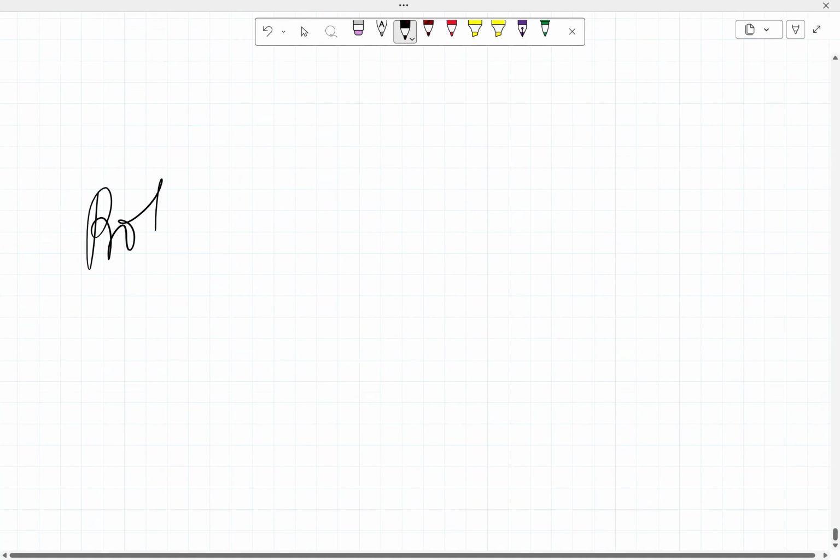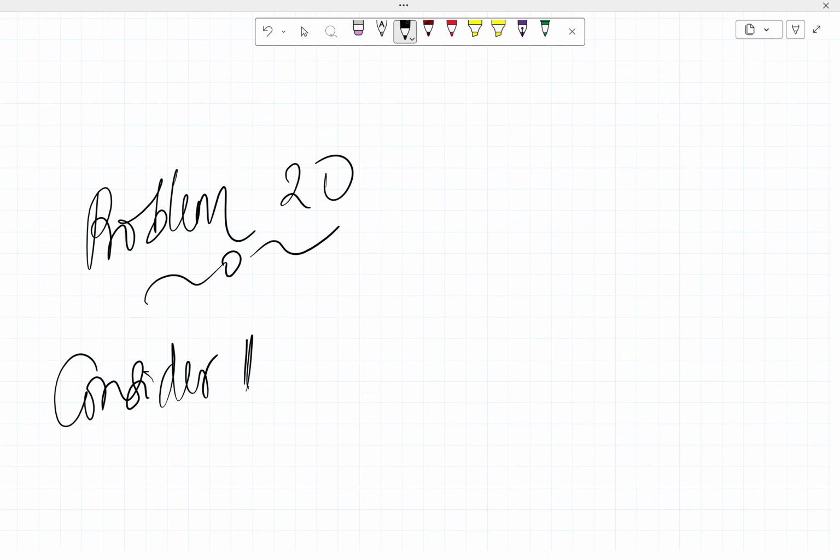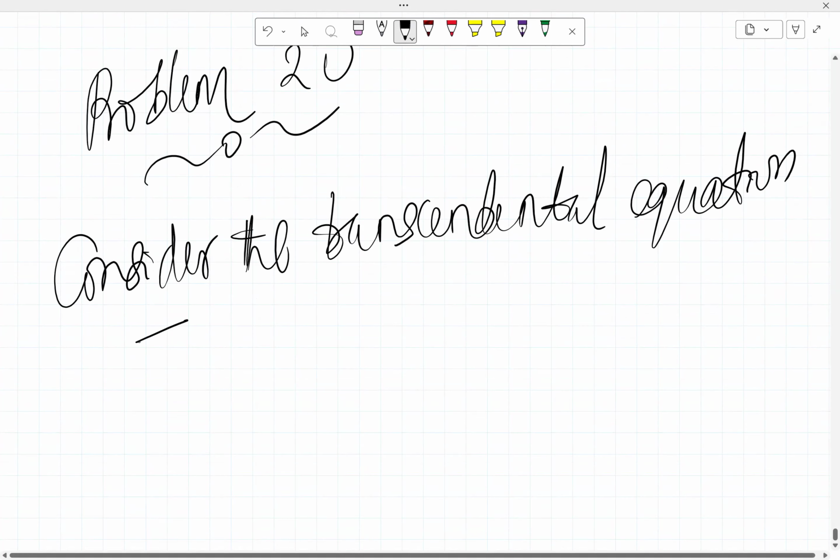So for problem 20 now, consider the transcendental equation gamma of x equals 10.